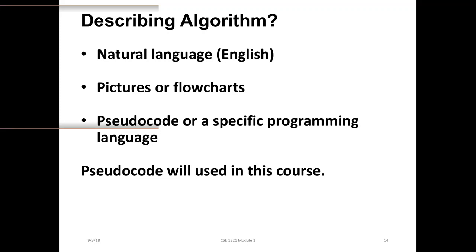Pseudocode is the middle between an algorithm and a programming language. Some pseudocodes look like programs, and some look like a natural language description. Pseudocode is in between natural language and computer language.